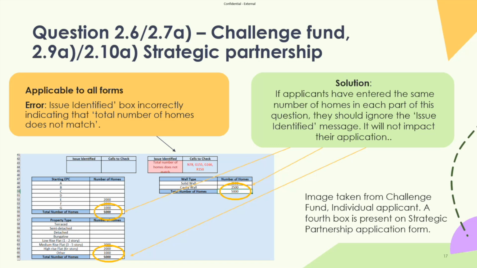So if the applicants have entered the same number of homes in each part of this question, they should ignore the issue identified message. It will not impact upon your application. You need to make sure that those numbers do match and they are right, and they are consistently right throughout the application form. But here is a point where there is an error in the formulas, and you just need to make sure that you're putting the right numbers in, and if appropriate, ignore the issues box.